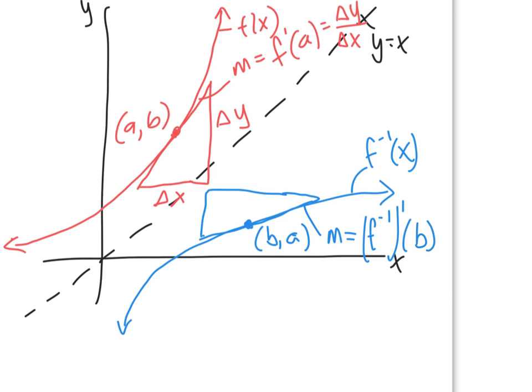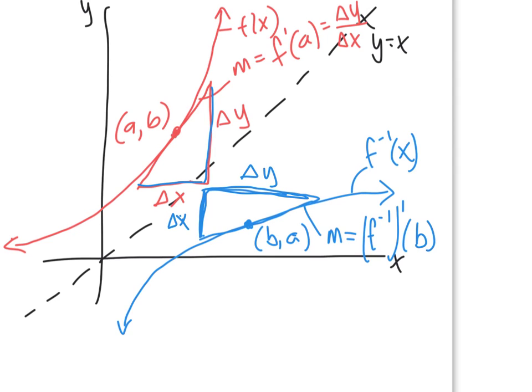That means the slope of this line on your inverse function. Now, what I want to look at is that this distance here and this distance here are very similar to this distance here and this distance here. So this is really my change in x, and this is my change in y, if you look at those triangles.